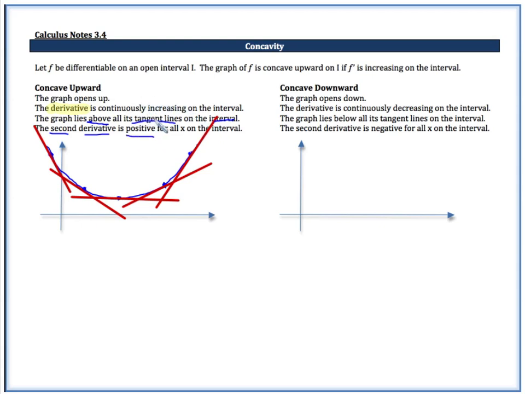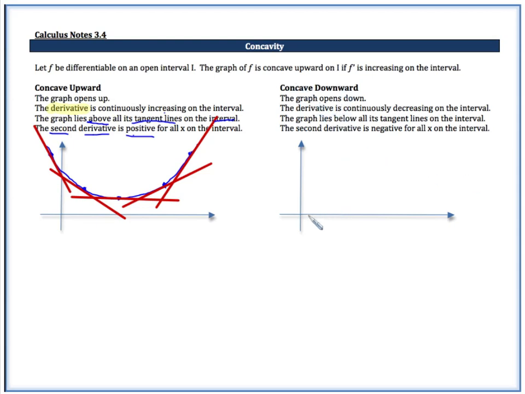If the derivative is continuously increasing, well, the second derivative tells us what the first derivative is doing. So if the second derivative is positive, that means the first derivative is increasing. That's the idea of what's going on here.